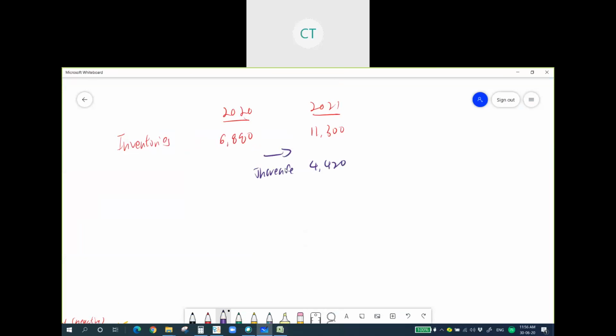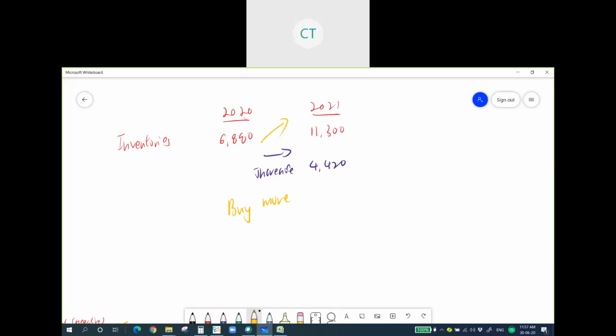So tell me, what is the reason why you have an increase in your inventory? You buy more or you buy less? Yes, because you buy more of your inventory, right? So you have an increase in your inventory.